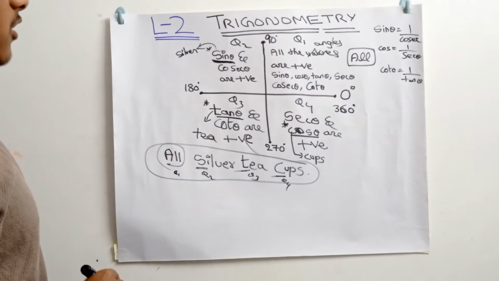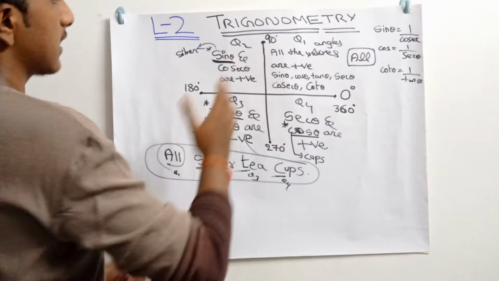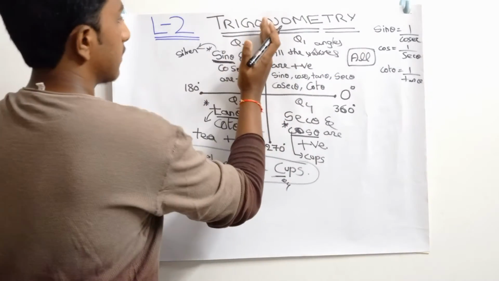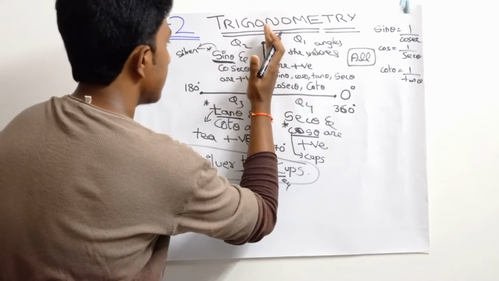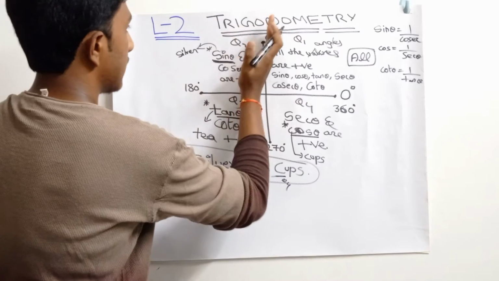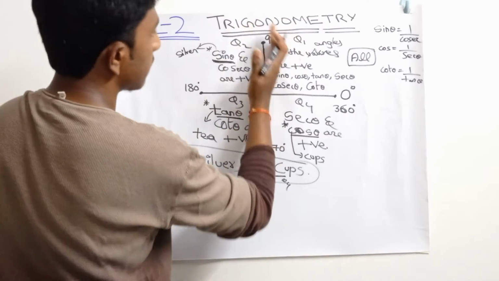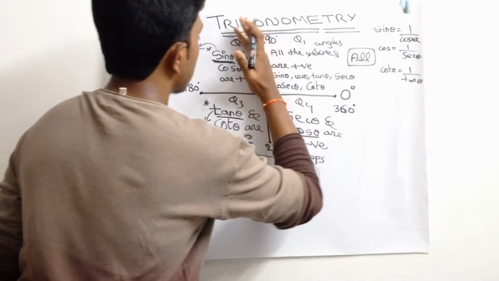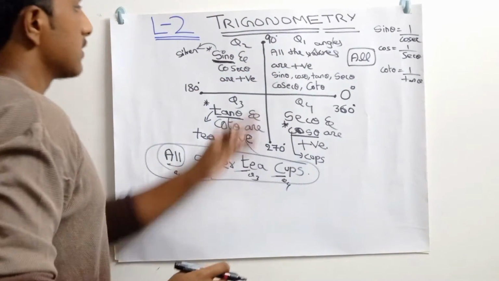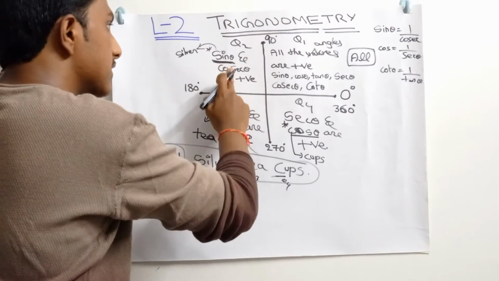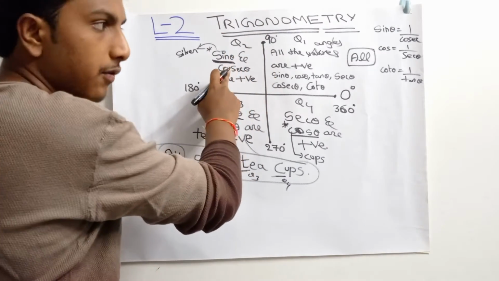This is very important. In some of the questions you will get sin 90 plus theta. 90 minus means from 90 we have to move in the backward direction. 90 plus means we have to move in the forward direction. 90 plus theta includes the first quadrant.